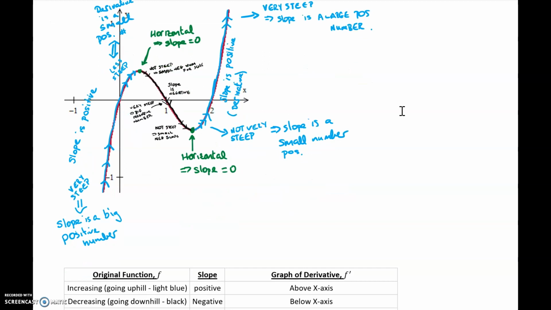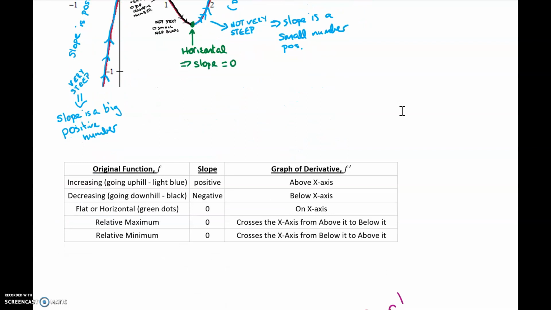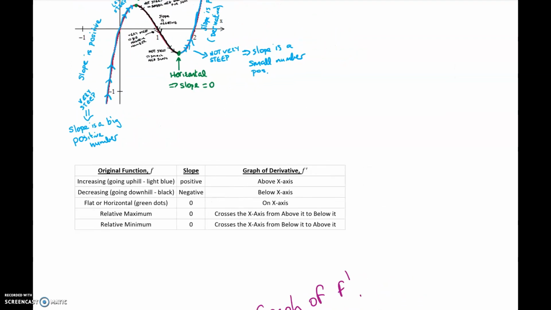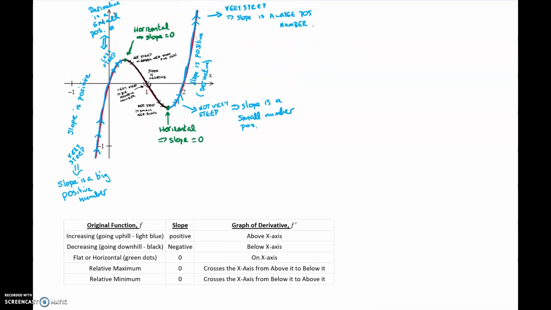Some of the information that we got in our work yesterday can be summarized in this table here. I'm just going to make this a little bit smaller. What we said yesterday was that if the original function, the function shown on the screen, is increasing, and I've indicated that here by the light blue, then the slope is positive.